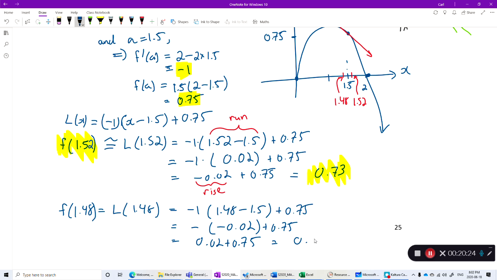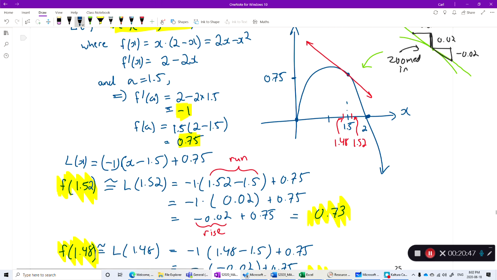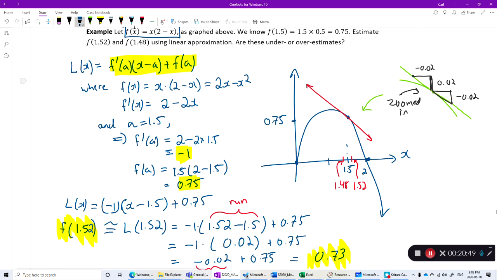So now it's up by a little bit, right? 0.77. So I've done the same thing as last time. So that's equivalent to that, or approximately. Okay, now here comes a slightly new question for us.